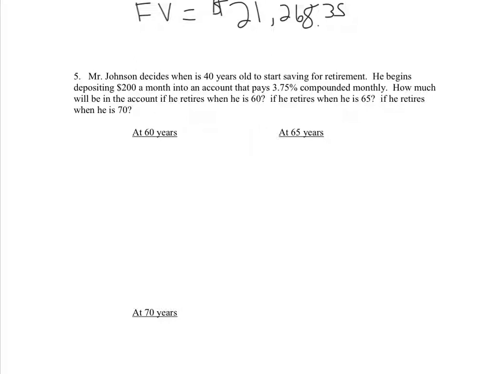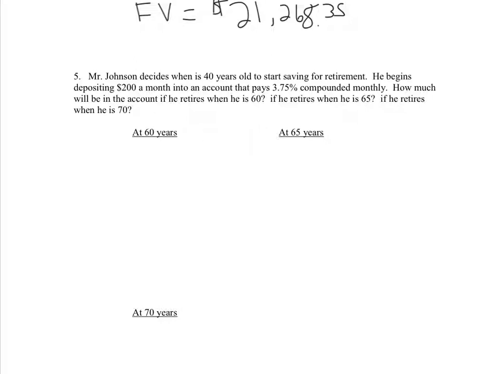Remember, you're earning interest on top of the interest that you earn. And so you've got to have enough time for that interest to be added into what's there to really make a difference and to see it grow quickly. So starting at 20 is a lot better than starting at 40, but you got to start sometime. So even if you're 40, go ahead and start now.